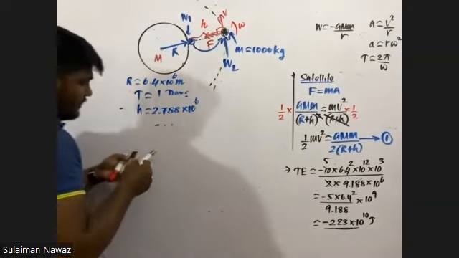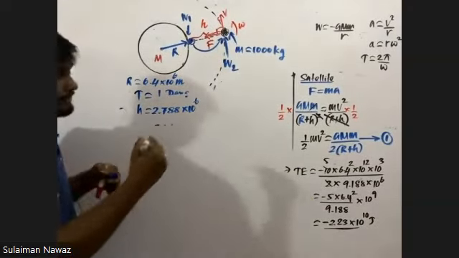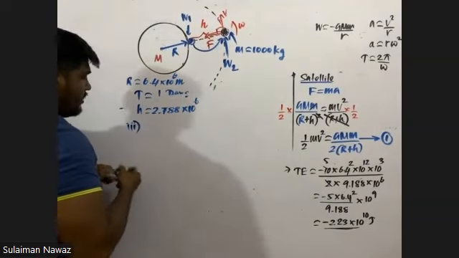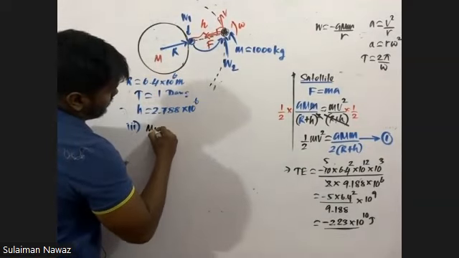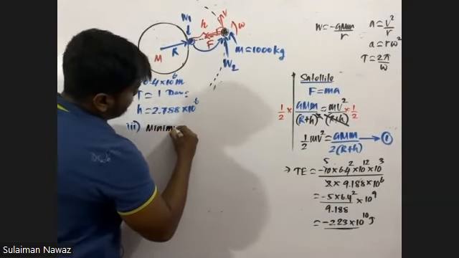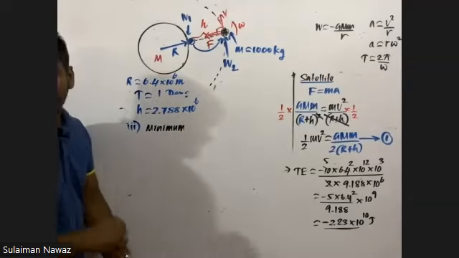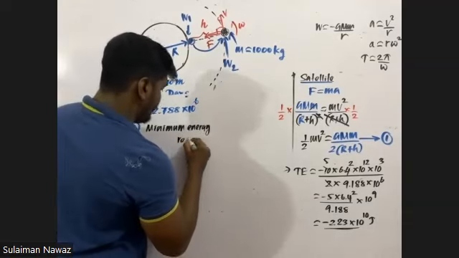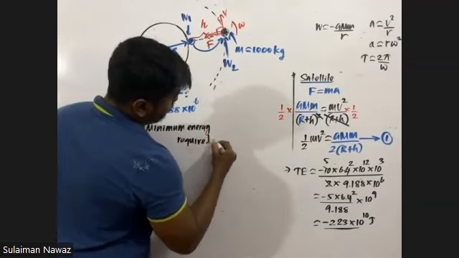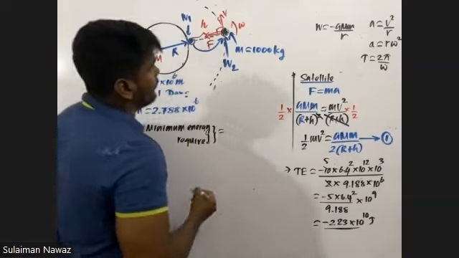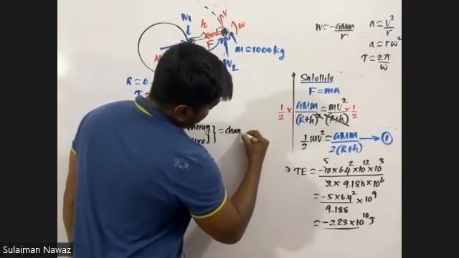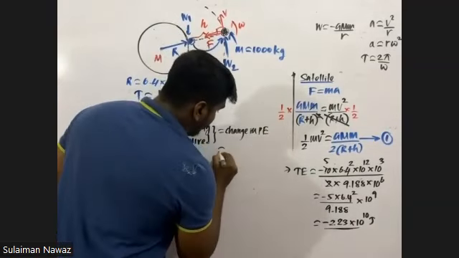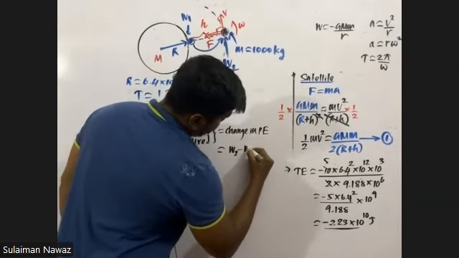Minimum energy required is equal to the change in potential energy, that means W2 minus W1.